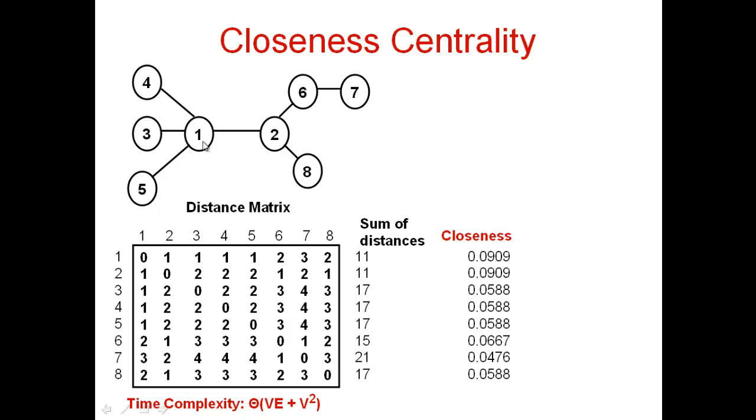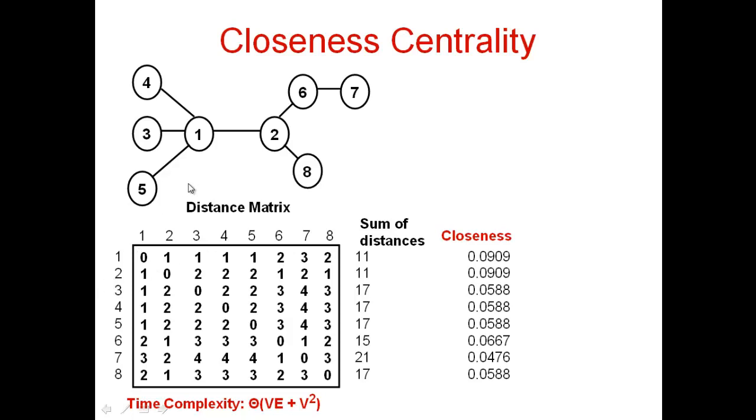So for vertex 1, its distance to itself is 0, but to other vertices, 2, 3, 4, 5 are all at a distance 1. Then 6 is at a distance 2, 7 is at a distance 3, 8 is at a distance 2. So that's the distance, and we can call it a vector.